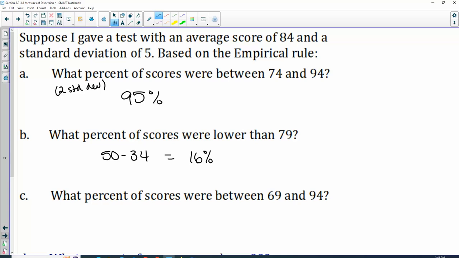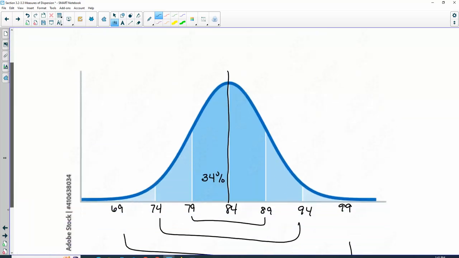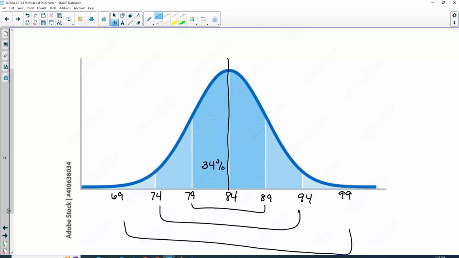Okay, what percent were between 69 and 94? So that is not perfect, it's 3 standard deviations below, but only 2 above, right? So we can go back to those percentages. What did we say this rectangle was? 13.9. And you could figure that out again.